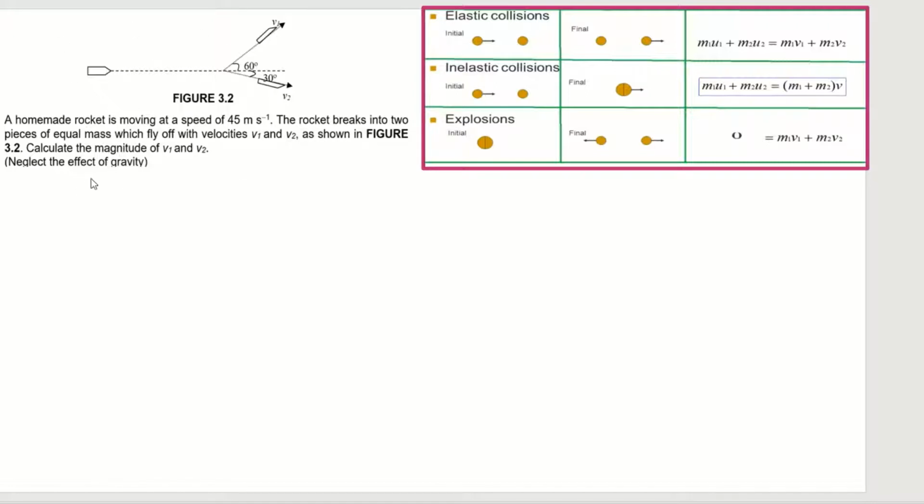So this is one example of collision in two dimensions, or two-dimension momentum. From this diagram, this is the situation before collision, and this is the situation after collision.